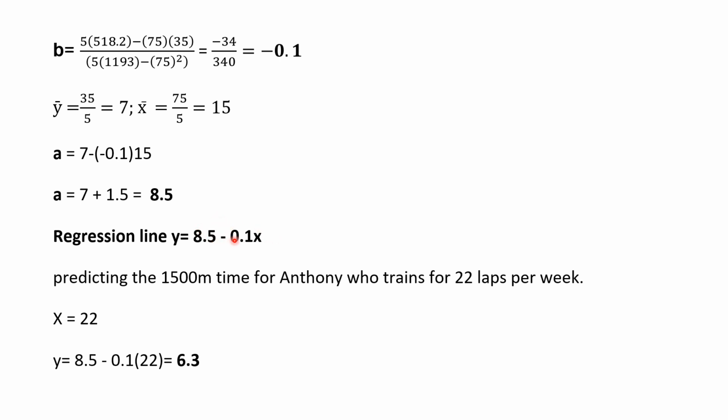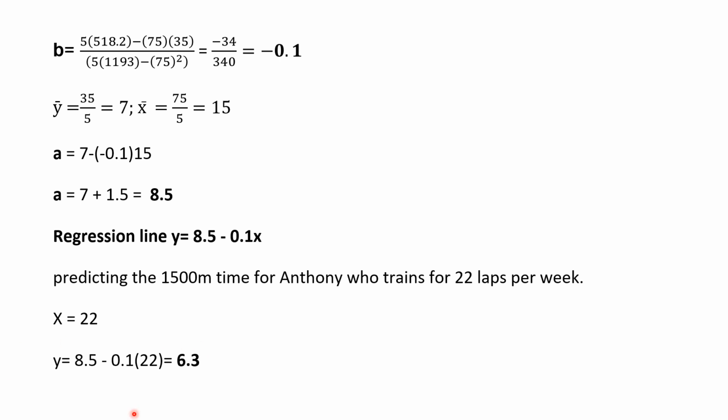But because our b in this case is negative, it affects the sign, and that is why it is 0.1. If it was positive, it would remain 8.5 plus 0.1x. So we leave the answer like that. You probably get marks for writing the regression line, because if you don't get the regression line, you can't predict. Now remember, the question says predict the 1,500 meter time for Anthony, who trains 22 laps per week.